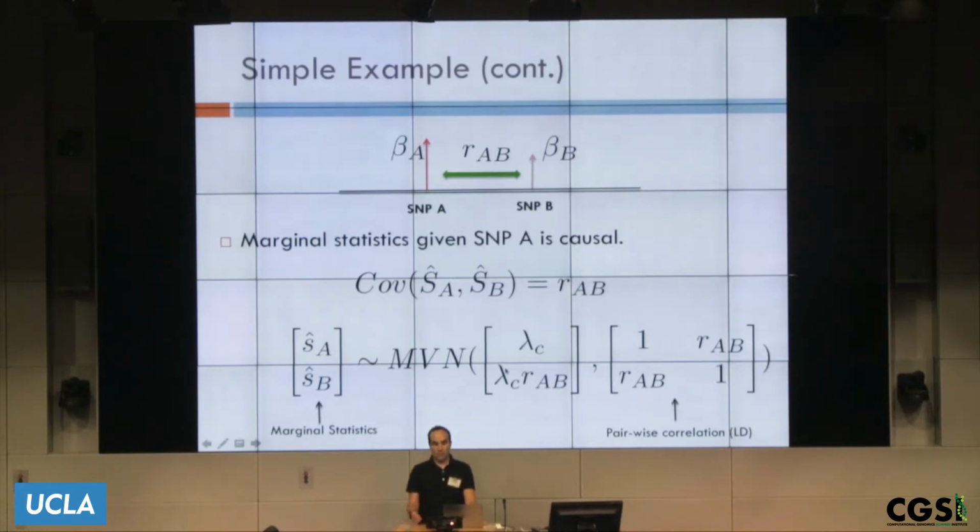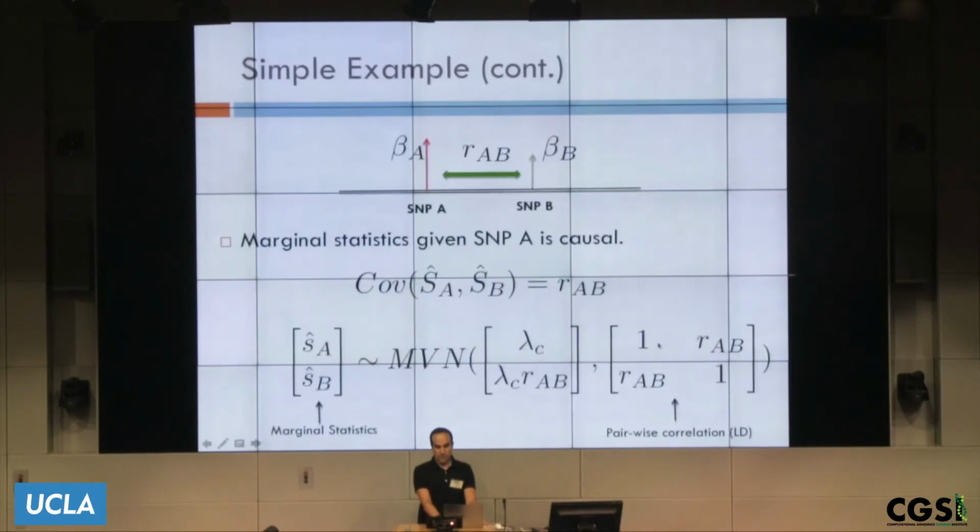So first of all, what happens if the correlation is 0? Then this will be a 0, right? But if it's not 0, then they'll have some value there. And the covariance also has a really nice form, which is exactly that value.